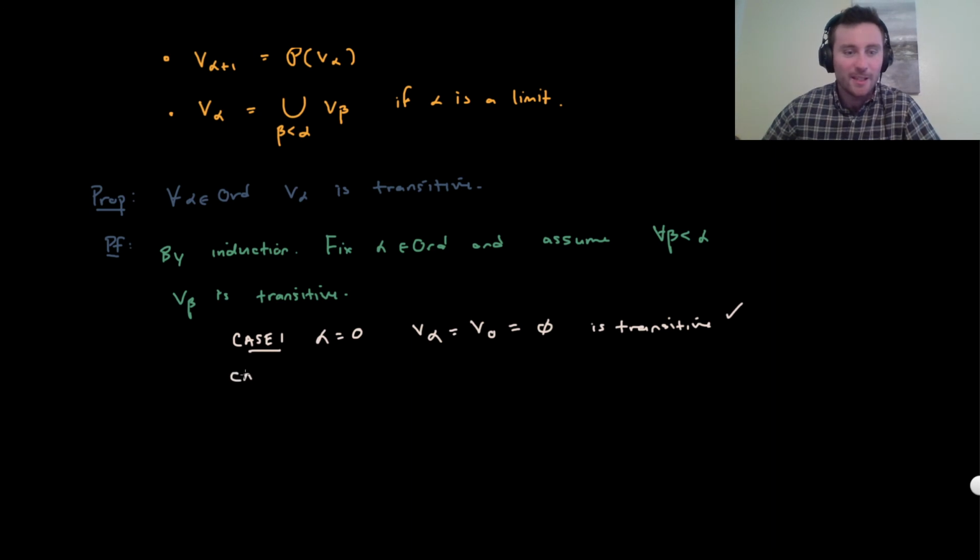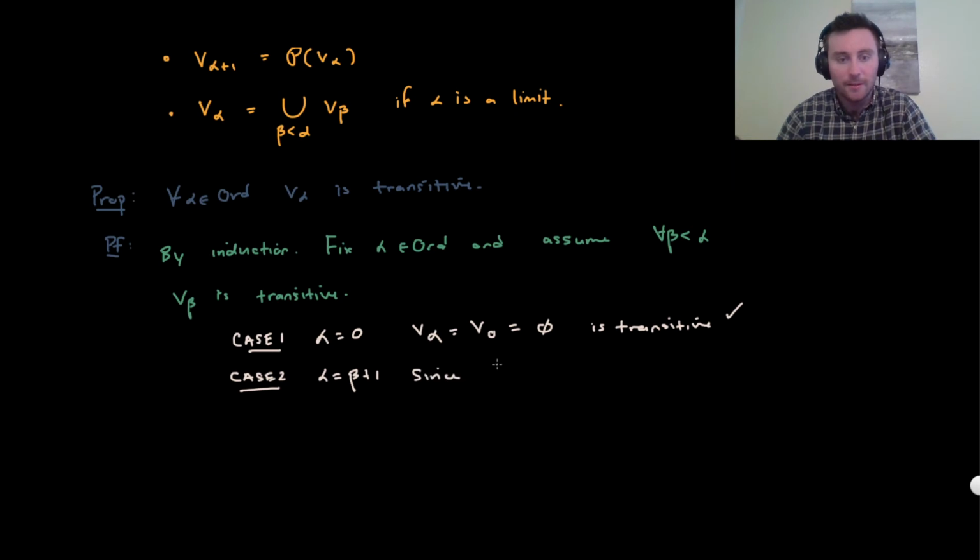The next case is, what if alpha is equal to beta plus 1? In other words, it's the successor of some ordinal beta. What do we know, since beta is less than alpha? We have by the induction hypothesis that V beta is transitive.